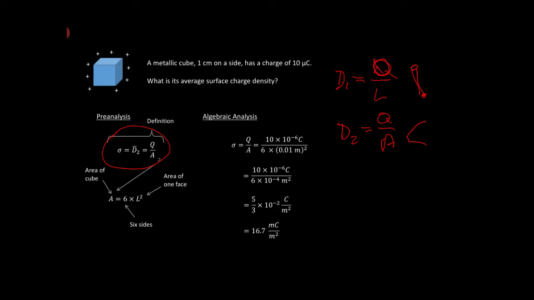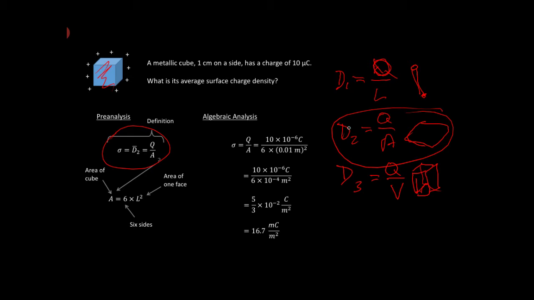So we're just looking at a surface. We could do that for just a plate. We don't need to have a cube. In this case, the surface of a cube is just like 6 plates. And D3 is the normal density that we normally think of. That's the total charge over the volume. So if we had a cube or something, that's the one we'd use. This one we care about the surface, so we use this guy here.